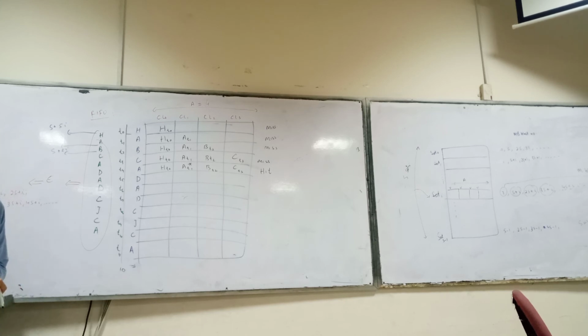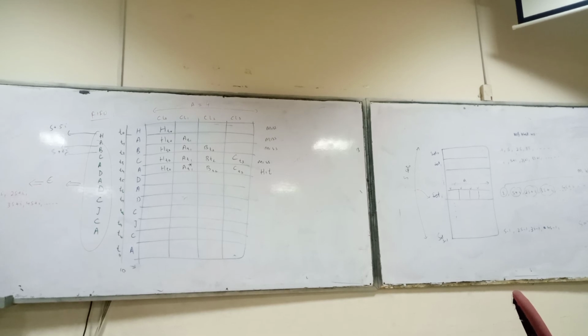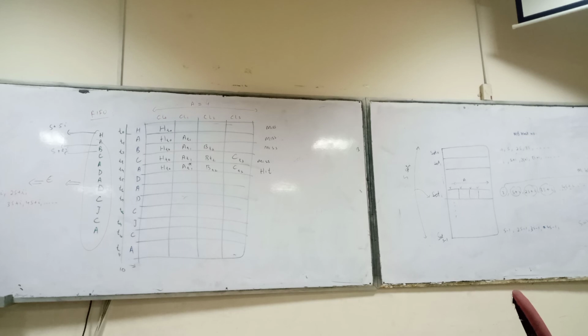No. Now when there is a hit, there are two possibilities: it's a read hit or a write hit. If it's a read hit, the data will be read. When it's a write hit, the dirty bit will be set. Dirty bit of which cache line will be set? CL1.